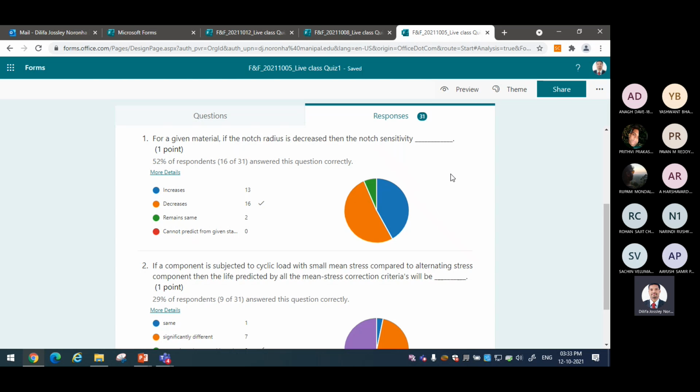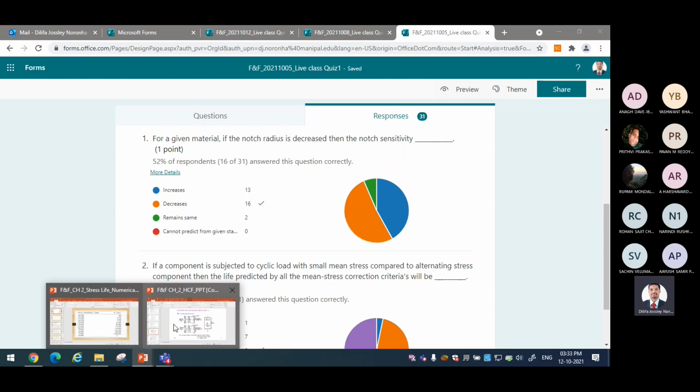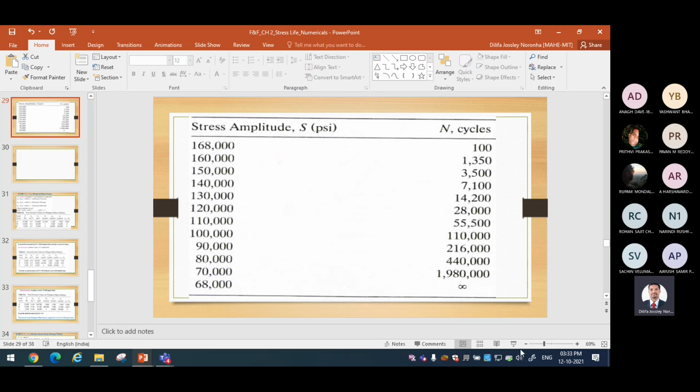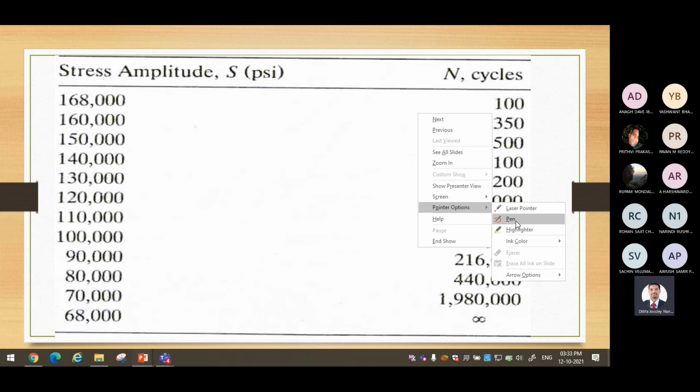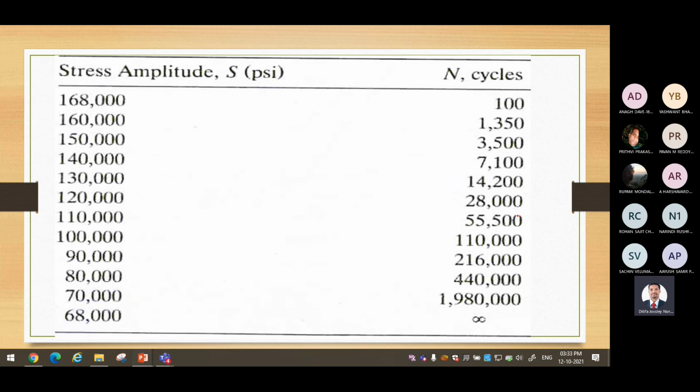If the r value is decreased, you get the total denominator value larger. Maybe I'll write the equation here if someone forgot. Notch sensitivity factor q is 1 by 1 plus a by r, and this r is the notch root radius.